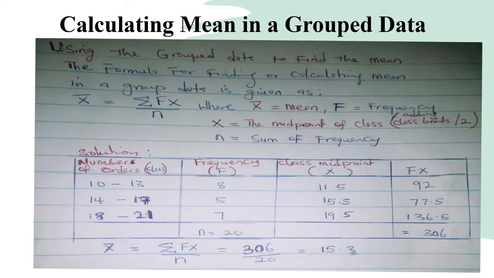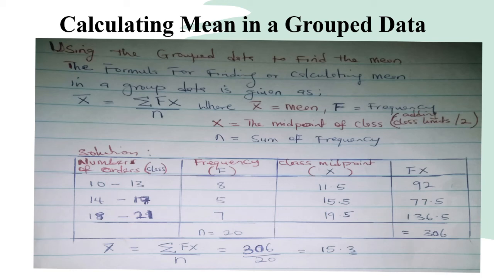Here the interval is 10, 11, 12, 13, so I have 4 points separating them, whereas 10 to 11 is just 1 point. So the answer I get would be closer to the answer you get when calculating the mean in ungrouped data.